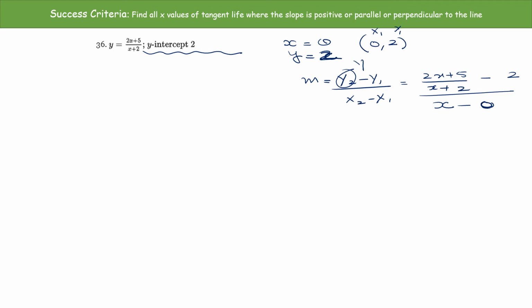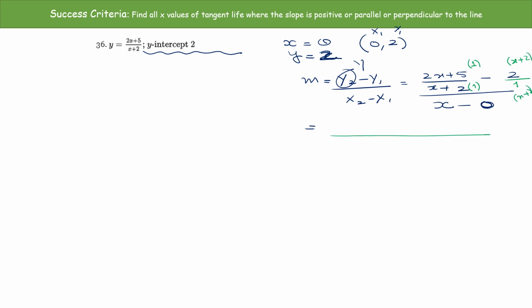Now try to solve them first. How can we solve them? By making the denominators alike. So this side will be multiplied by 1 and the other side will be multiplied by x plus 2 in the numerator and the denominator.